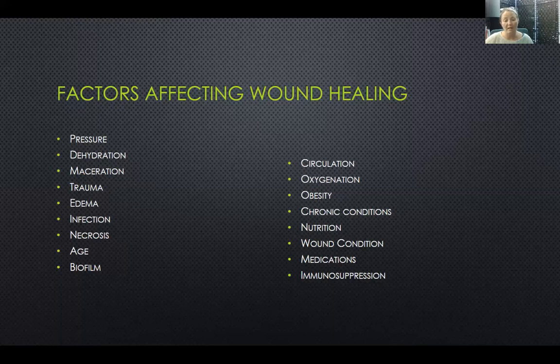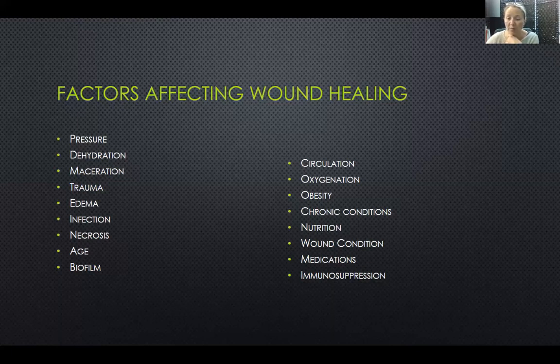Chronic conditions like heart disease, peripheral vascular disease, hypertension, anemia. So remember, less oxygen carrying cells, lung disease, or smoking, things that will decrease that oxygenation. So when you look at the chronic conditions, anything that's going to alter nutrition, perfusion, oxygenation, those chronic conditions are going to impact wound healing.